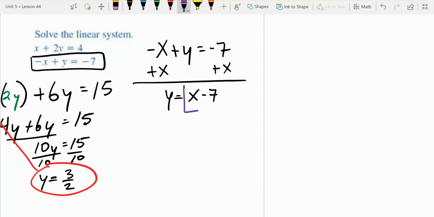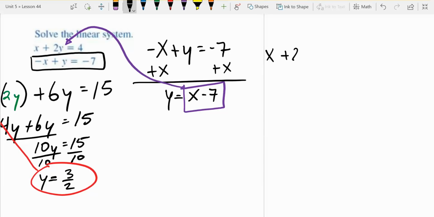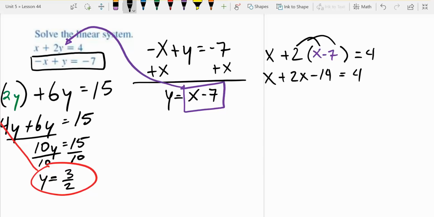And we can take that value of y and substitute it in for y in our other equation, which is x plus 2y equals 4. Substitute in x minus 7.